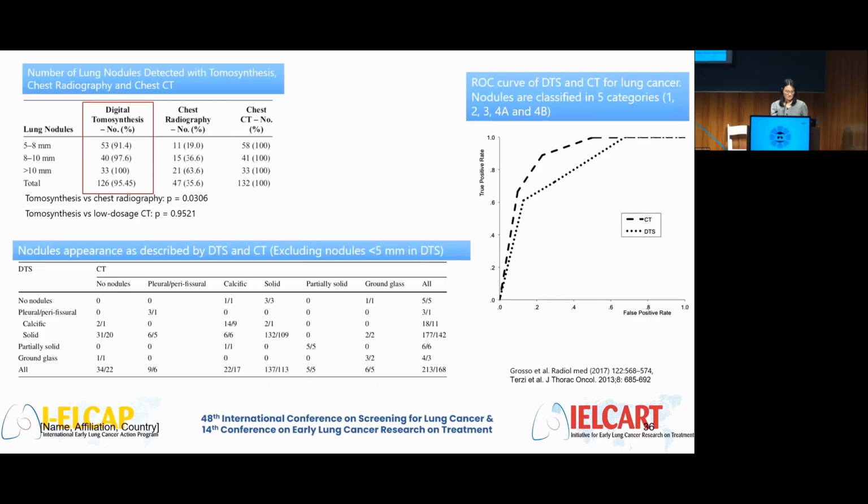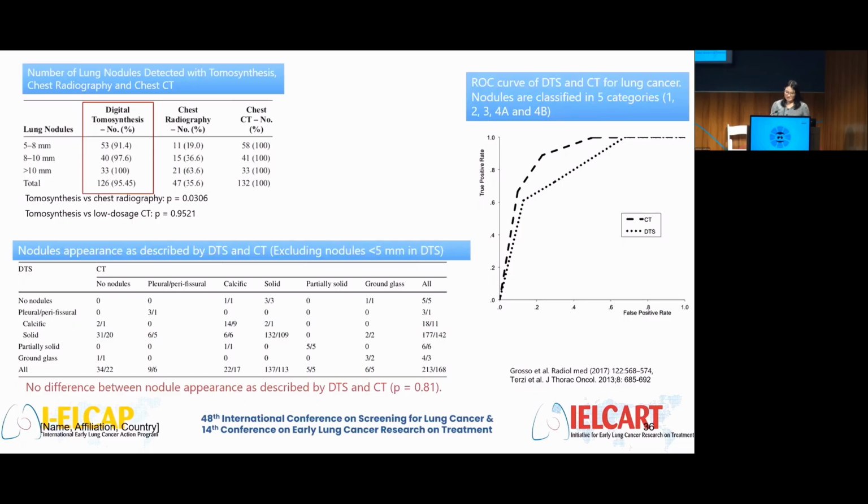And for nodule appearance, we can see that there is no difference between nodule appearances like peripheral nodules and also ground-glass nodules, which before may have been mentioned as not good to detect, but the study shows no difference between nodule appearance as described by digital tomosynthesis and CT.